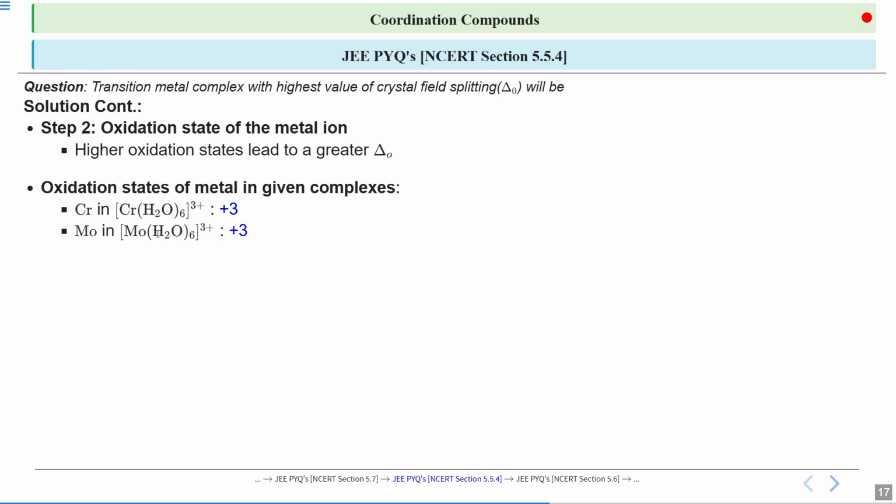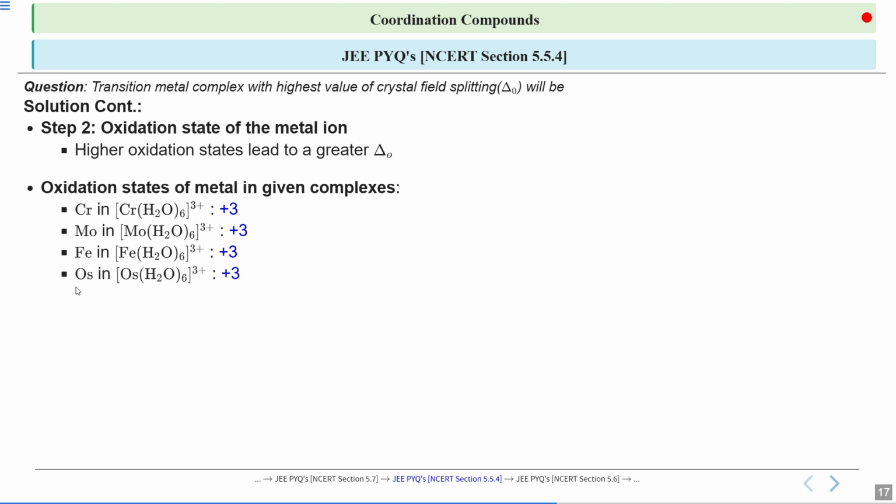The second complex is [Mo(H2O)6]3+. Here is the same case, H2O is a neutral ligand with charge 0, so the overall charge on the complex becomes the oxidation state of the central metal, molybdenum. So the molybdenum oxidation state is +3. Iron in this complex again has +3 oxidation state for the same reason.